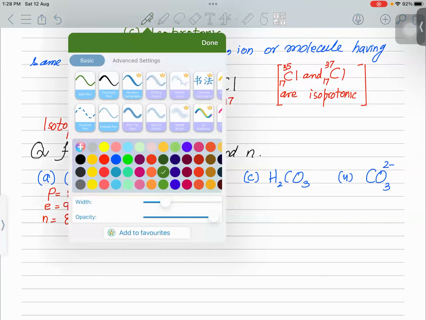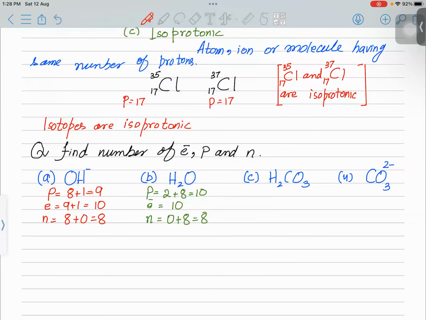Yes, sir. Okay. Question number 3. First find the protons. Hydrogen, two protons. Carbon is six protons. Oxygen would be 3 multiplied by 8, so 24. So the total is 32.